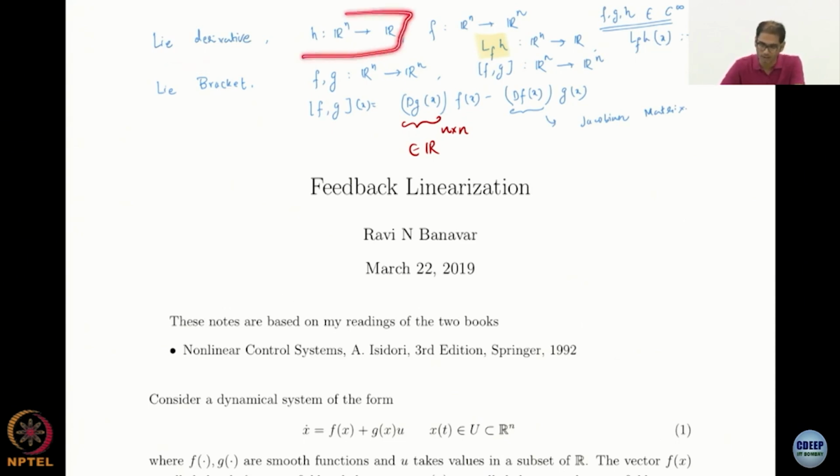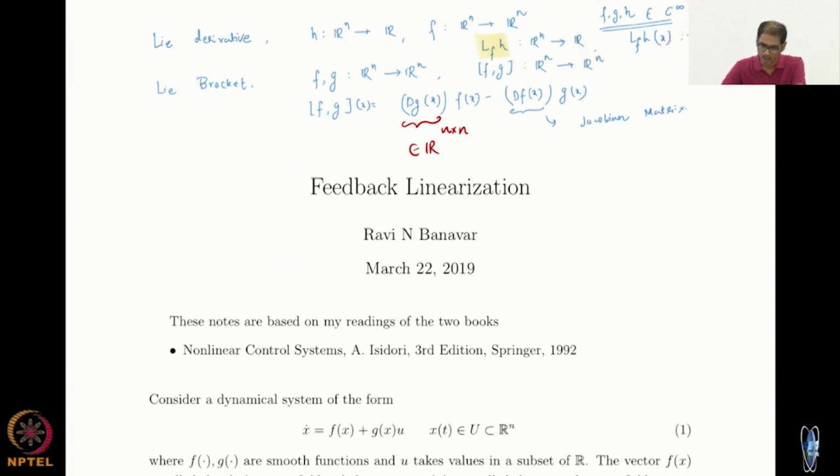If you have a function which is a map from Rn to R, we are doing everything in Cartesian coordinates. The same things can be done in geometric spaces, geometric manifolds also, but we are not doing any of that. If you have a map from Rn to R, everything is smooth, by the way, smoothness is a given.